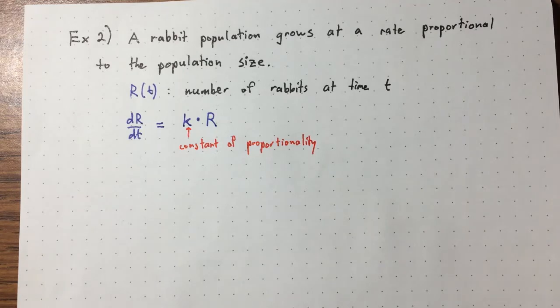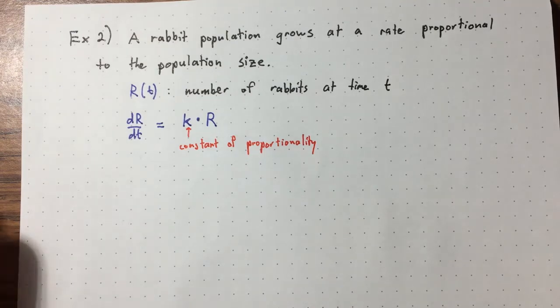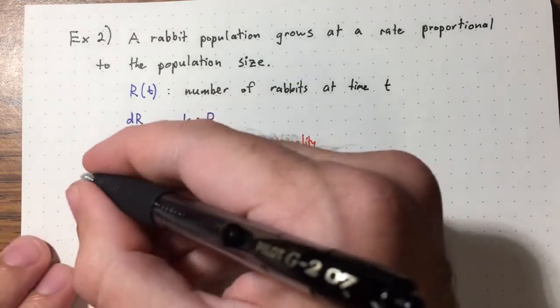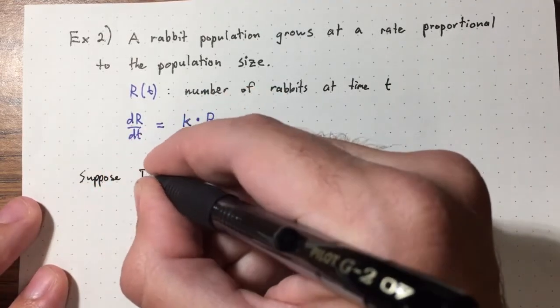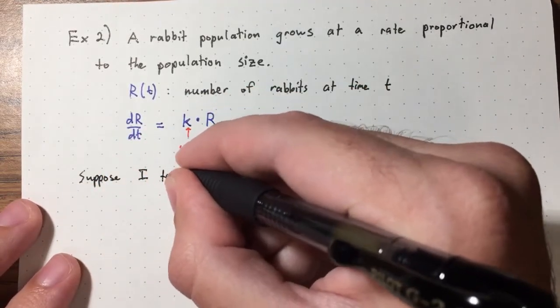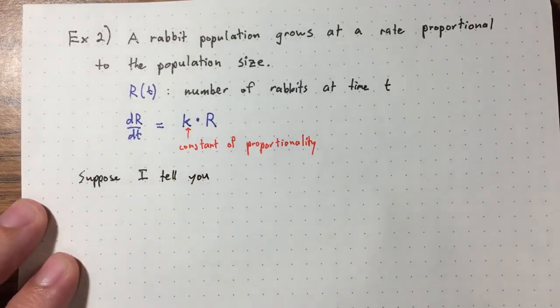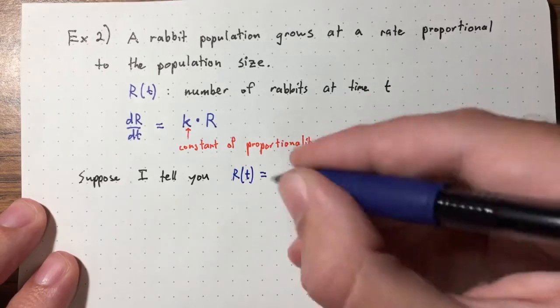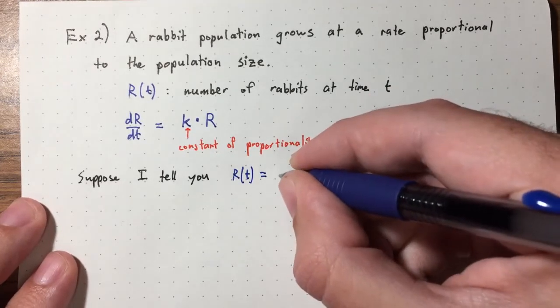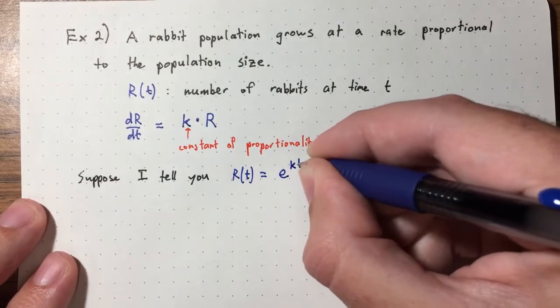So we're going to talk about how to solve this one soon enough. I don't want to solve it today, but I just want to introduce another concept. So suppose I actually tell you a solution. So suppose I tell you that r of t equals e to the kt is a solution.